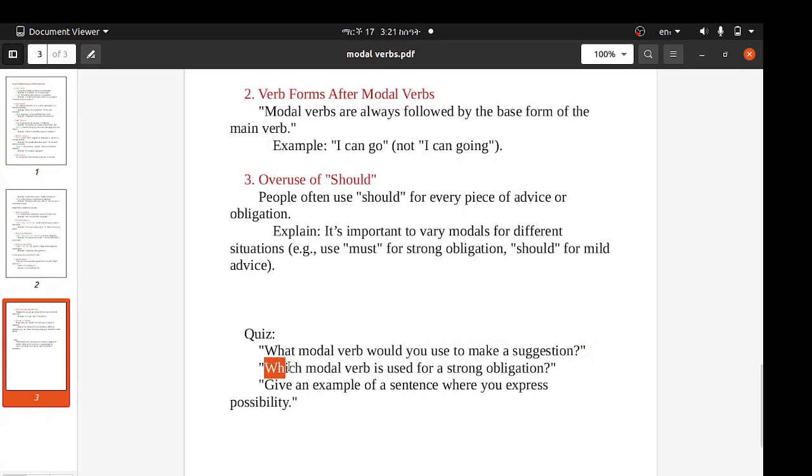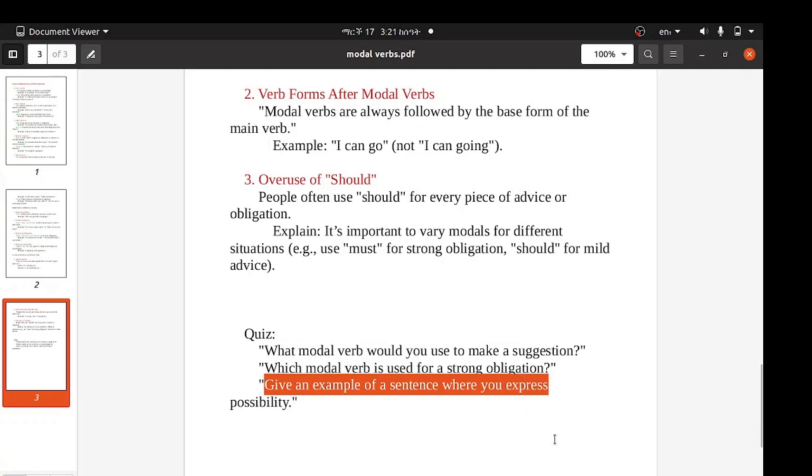The second one is, which modal verb is used for a strong obligation? The third one is, give an example sentence where you express possibility. This is all about our class. Write your answers in the comment section.